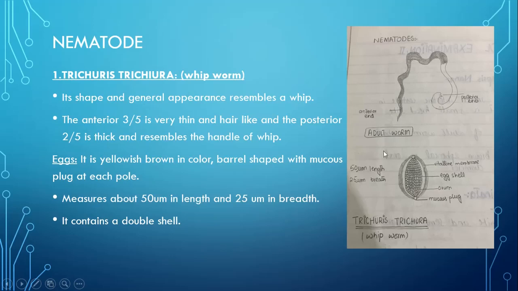The eggs of this worm are yellowish brown in color and barrel shaped, with a mucus plug at each pole. These 2 circles are the mucus plugs. The egg measures about 50 micrometers in length and 25 micrometers in breadth, and it contains a double shell, which you can see here.